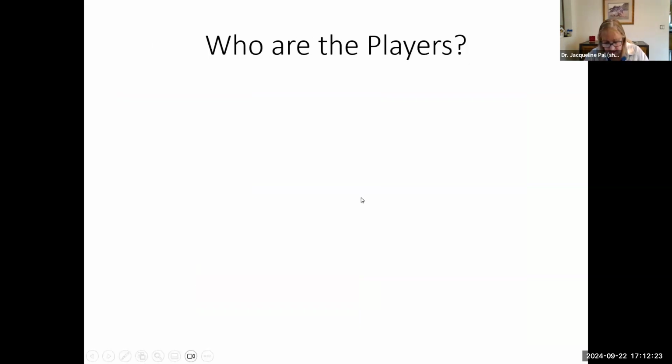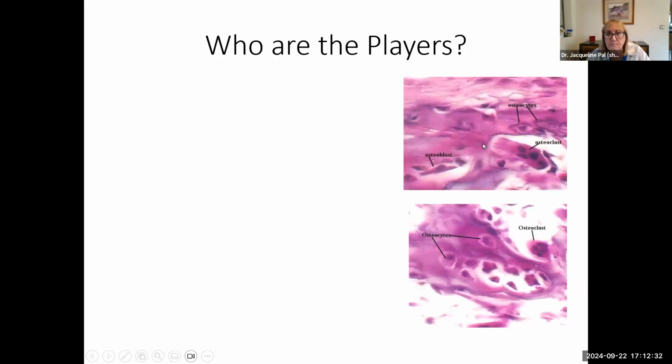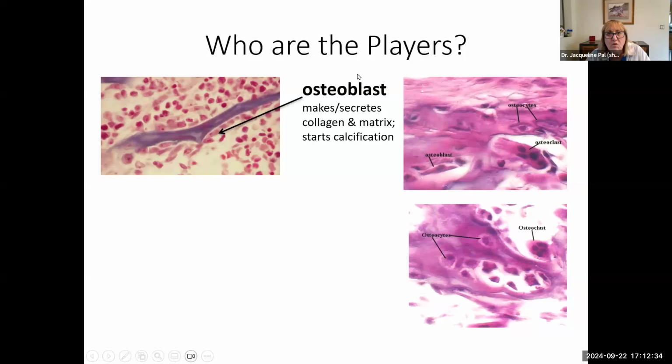In order to understand bone formation, we have to learn who are the players, and we have three different cell types. Okay. The first one is the osteoblast. So you remember the term blast, those are the cells that are actively secreting, and remember the prefix osteo, which has to do with bone. So these are the cells that are making and secreting lots of collagen and lots of the organic matrix, the extracellular matrix.